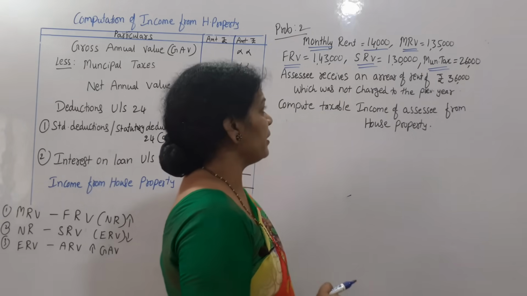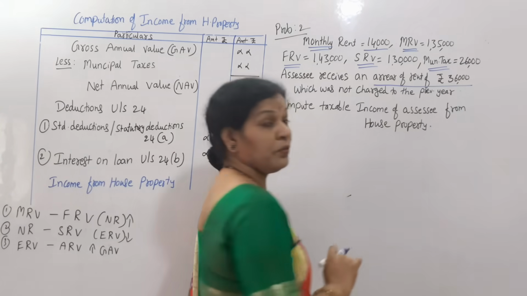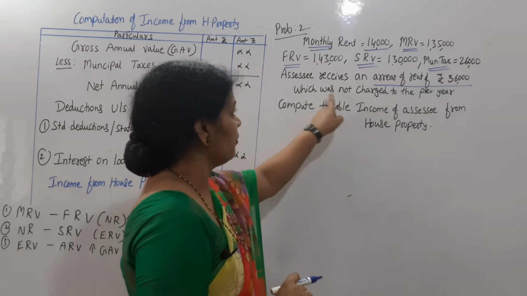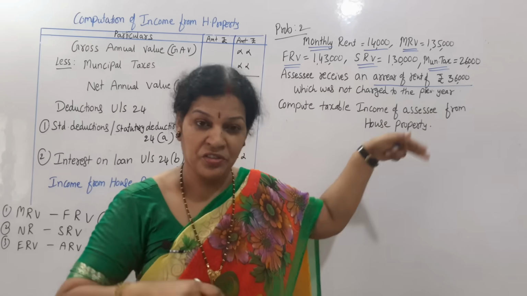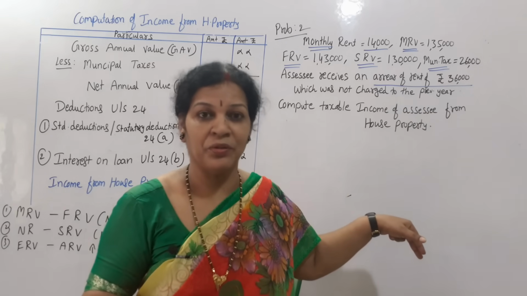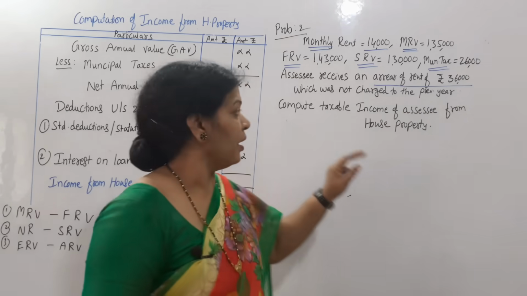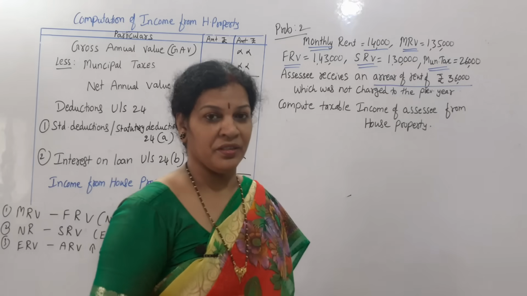Assessee receives an arrear of rent of 36,000 which was not charged in the previous year. Previous year it was not charged, this year we are receiving, which means we have to consider it this year. Okay. Now compute the taxable income of the assessee from house property.